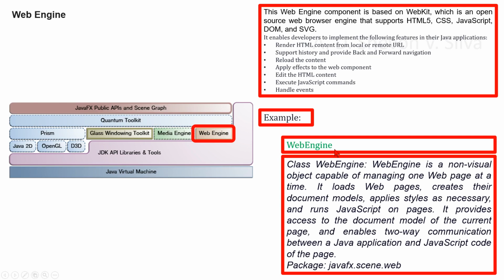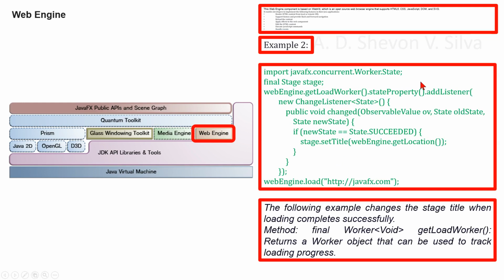It provides access to the document model of the current page and enables two-way communication between a Java application and JavaScript code of the page. This class is in the package javafx.scene.web. The following example changes the stage title when loading completes successfully.